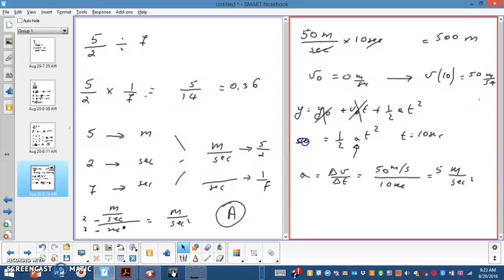This is just y, and the y, that is the question they are asking, is going to be 1/2 times 5 times 10 squared. So it's 5 divided by 2, 2.5 times 100, and that would give you 250 meters, which is your choice D.